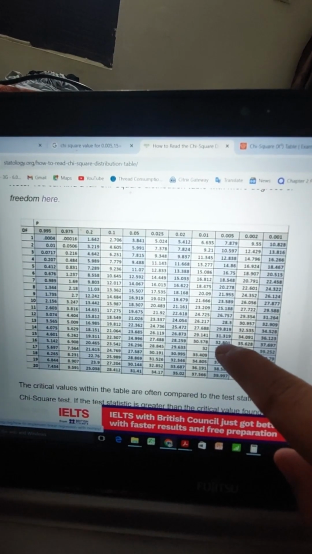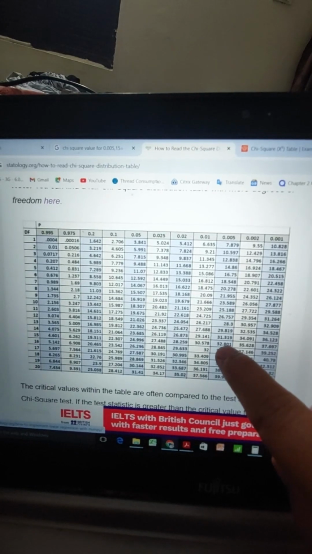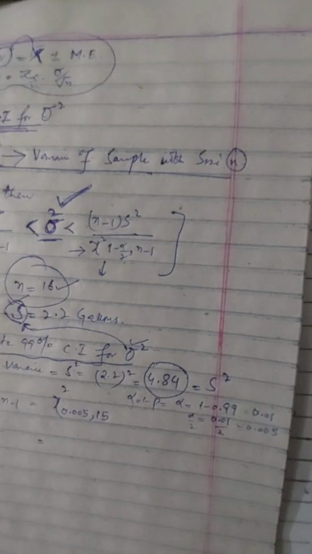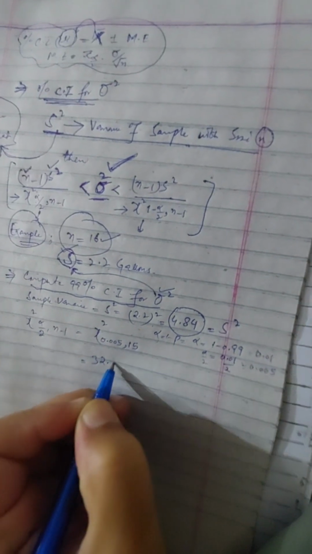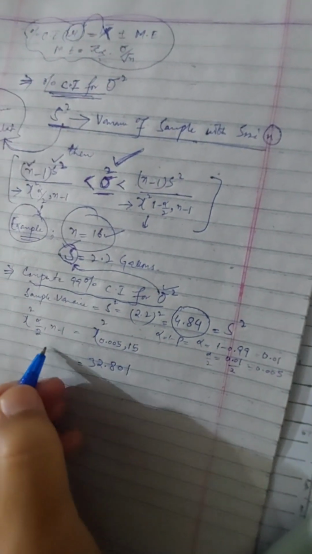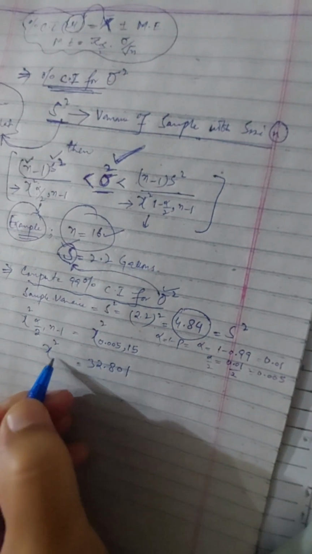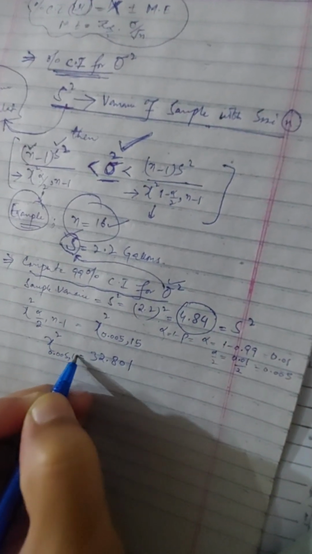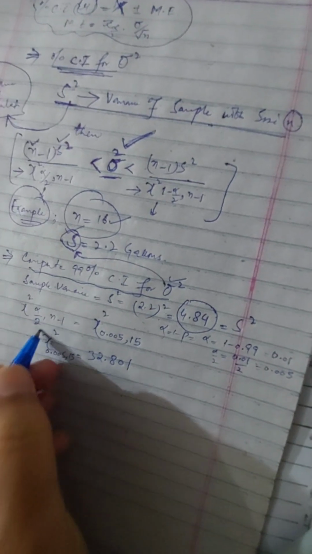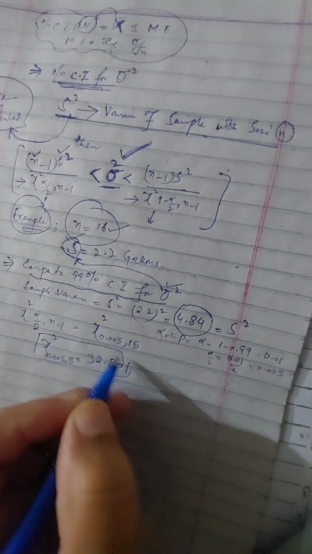The degree of freedom, df, is 15, and we want it for 0.005, so 32.801. We write it over here: 32.801 is the value of chi-square for 0.005 and 15 degrees of freedom.